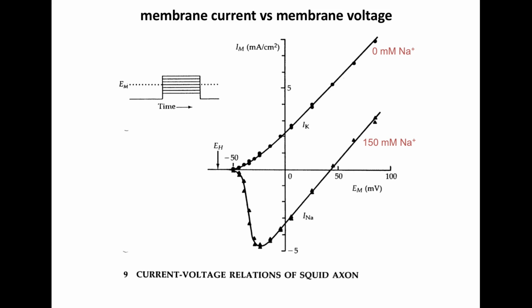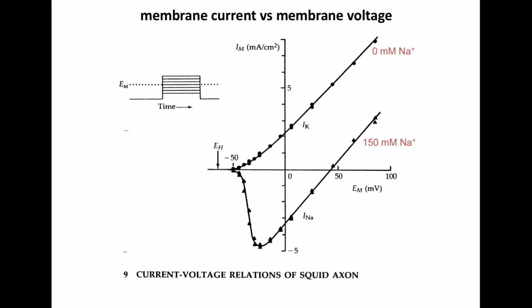Here you see on the x-axis the membrane potential of such a step pulse, and what you measure is the current through the pipette that then follows. If there's no sodium around, so the top curve, we only measure the potassium current, and below minus 50 millivolt, there's no change in the current.